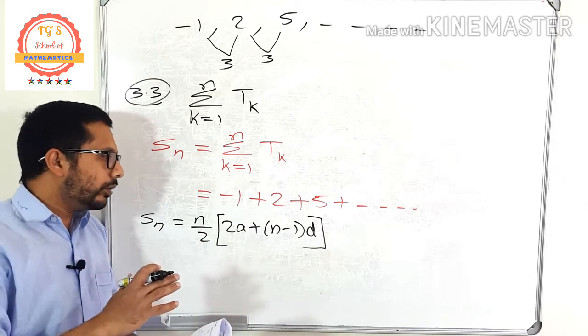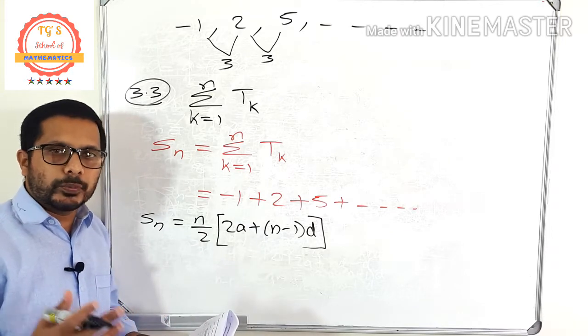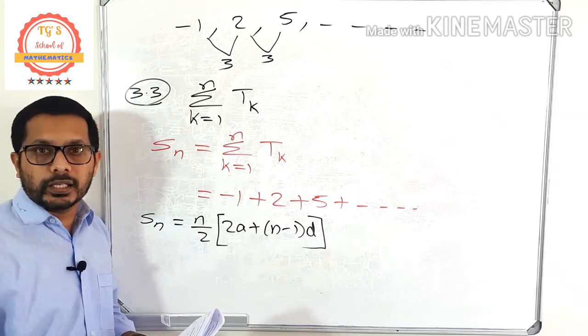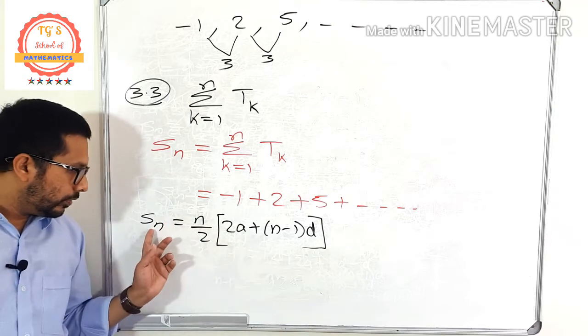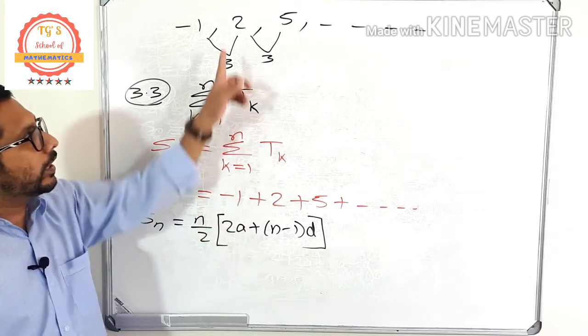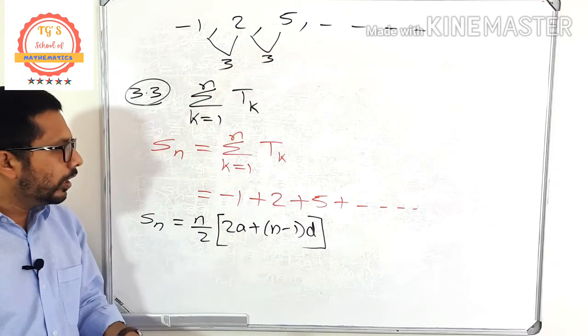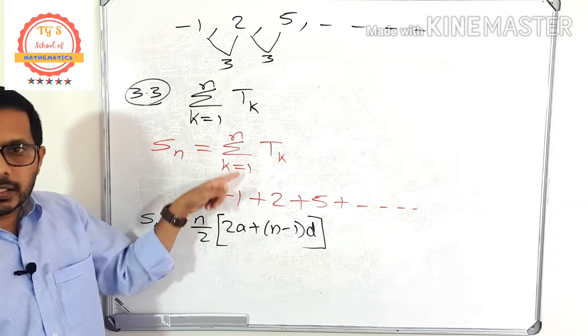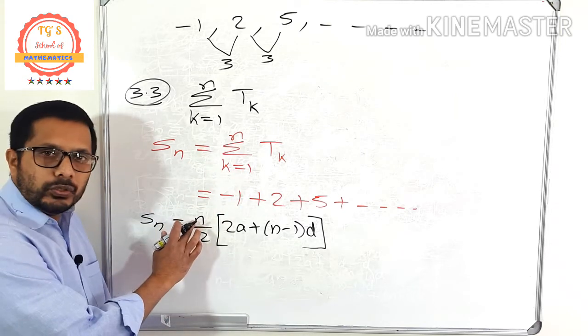Or if you have any doubts when you write your exam, you can check the formula sheet at the back. Anyway, this is the formula to find the sum of n terms in an arithmetic sequence. Here we have to find the sum of the first n terms, so we have to leave the value of n as it is.